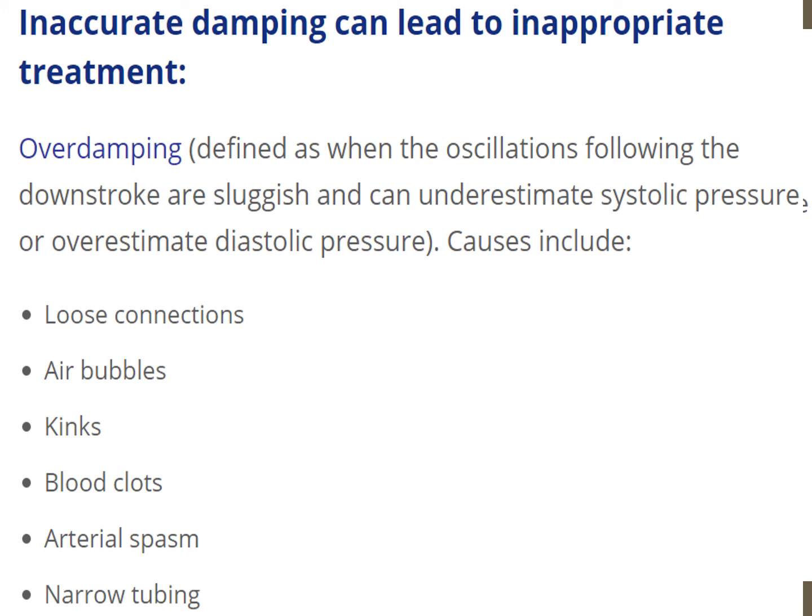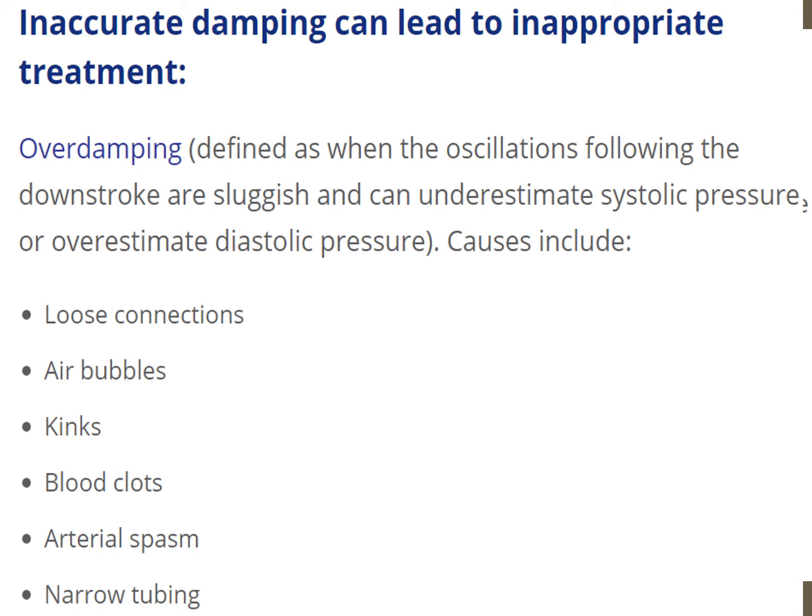So, over dampening and under dampening. This is where you're looking at the waveform, and if it's over dampened, that means that your diastolic or systolic pressures can be off from what they truly are. You're not going to see a good downstroke of the waveform. It's going to look like a grassy hill versus a sharp mountain, that classic sharp rock cliff with that dicrotic notch.